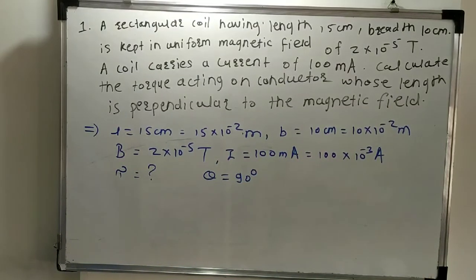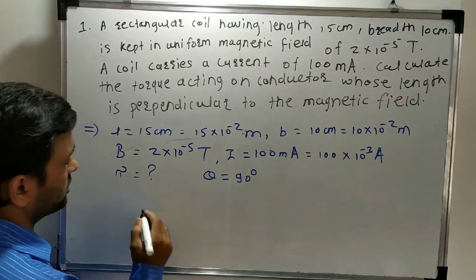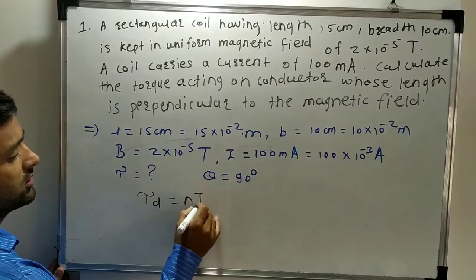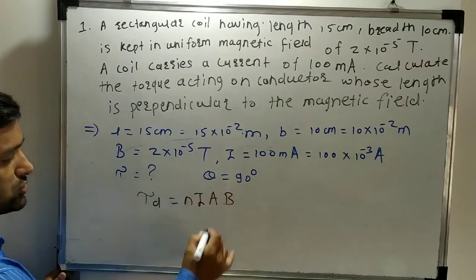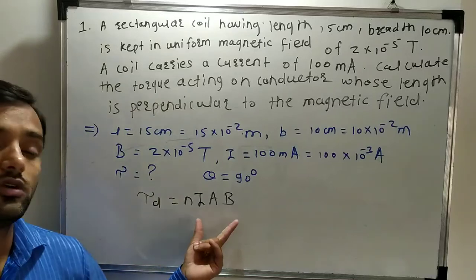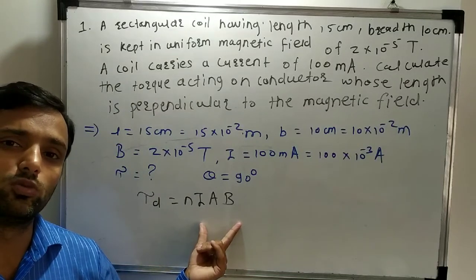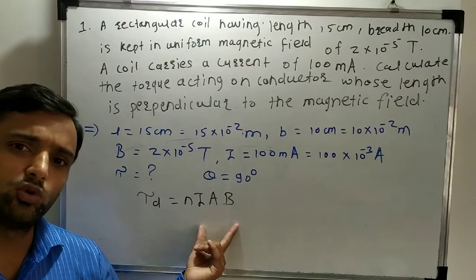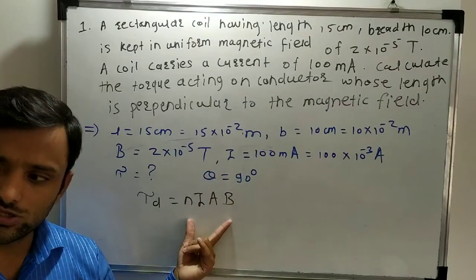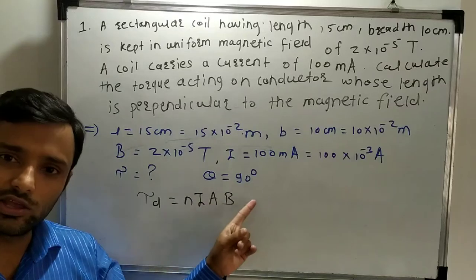What is the value of the torque? The torque is called the deflecting torque. Torque is given by NIAB. We have seen this in the topic of the working of the moving coil galvanometer. In a moving coil galvanometer, the deflecting torque is given by NIAB.